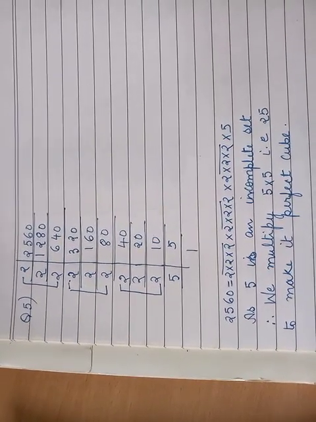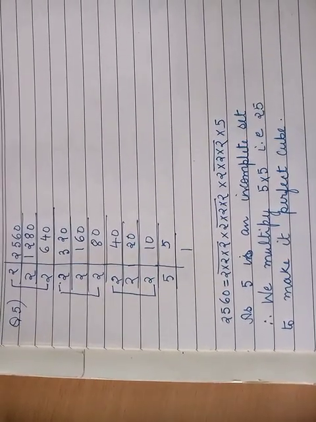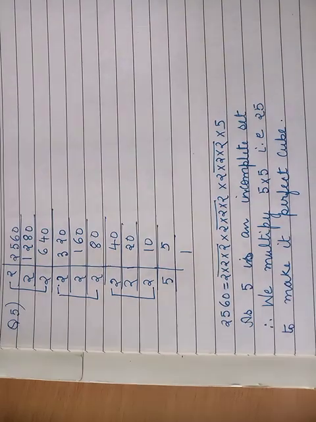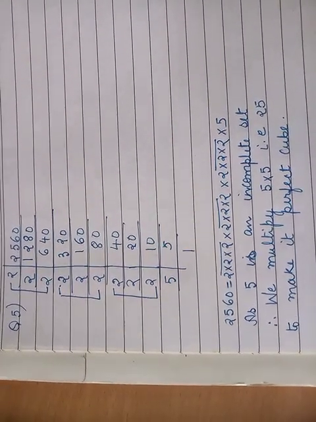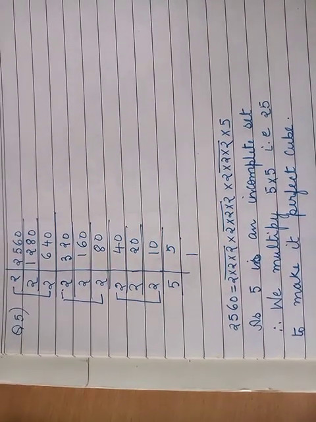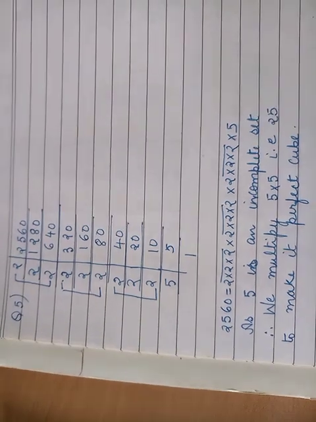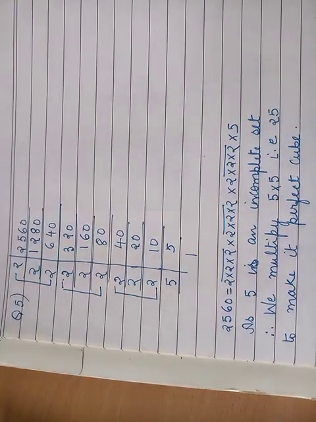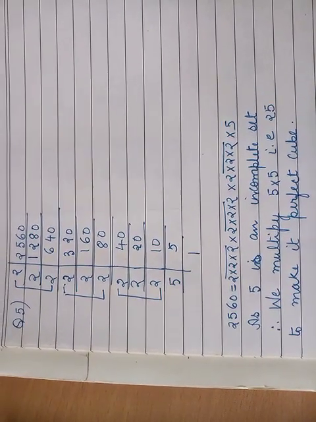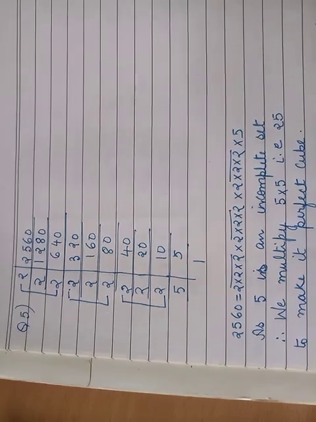I take the same question, same number, for question number 4 also. Suppose within question number 4, we are given: by which number must 2560 be divided to make it a perfect cube. Now we are going to divide, that means whichever set is incomplete we are going to remove that.